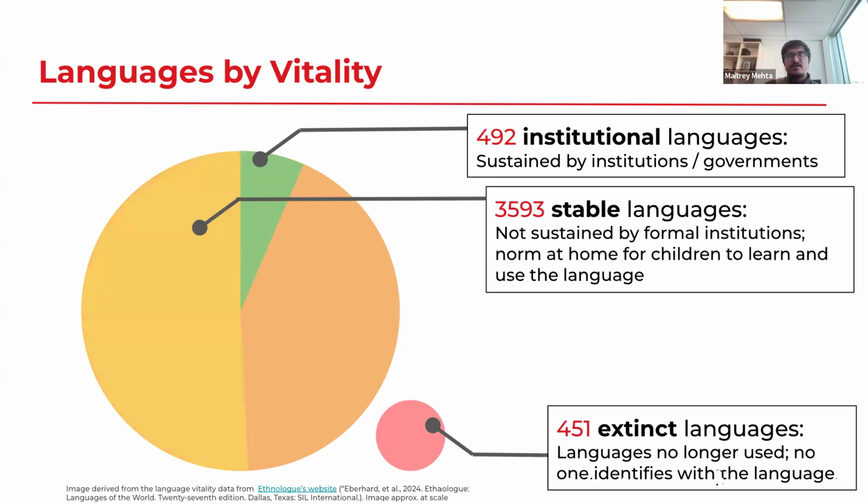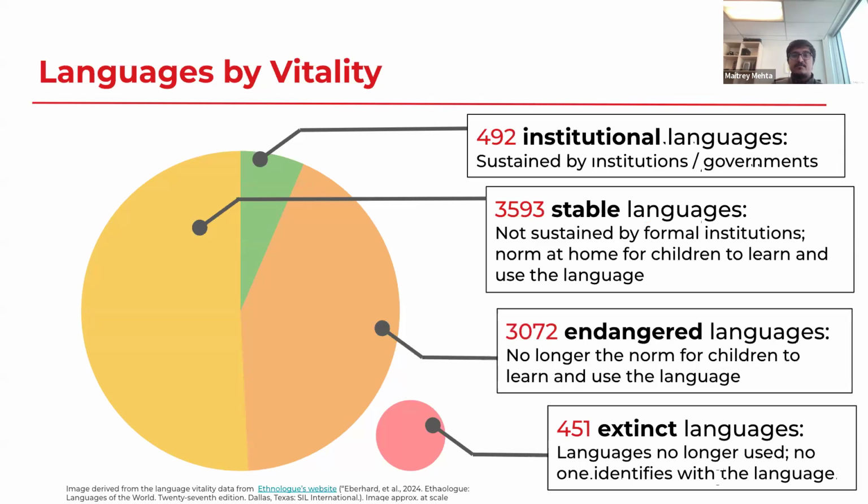Around 3,500 languages are not even taught at schools. There is no formal education that happens in these languages. And more or less, children learn to speak these as more of an oral tradition than as a written tradition. And these are the languages that are called stable languages. And the rest of them are endangered languages. We are slowly losing speakers of these languages, that these languages are not passed down across generations.